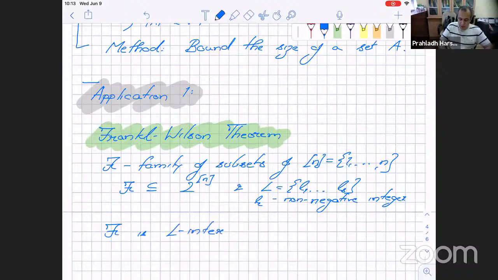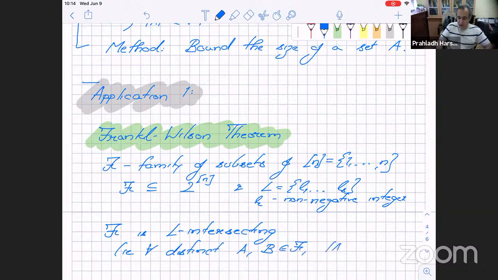What do I mean by that? That is, for all distinct A, B in F, if you look at A intersection B, that is something which is strictly smaller than A, strictly smaller than B, because A and B are distinct. No, that need not be true. A could be a subset of B. It is strictly smaller than one of the two.